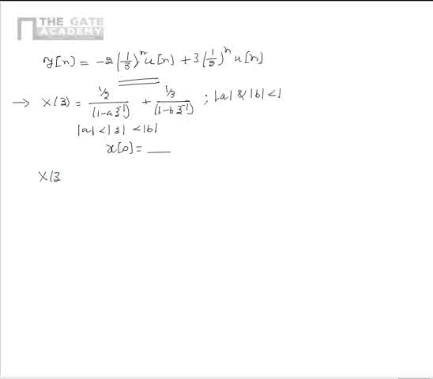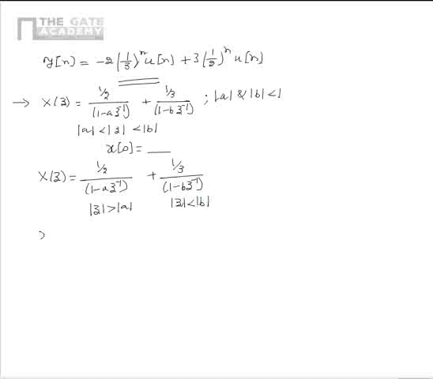From the given X of z, we see that the first term is 1 by 2 divided by 1 minus a z inverse. It corresponds to an ROC of mod z greater than mod a. And the second term is 1 by 3 divided by 1 minus b z inverse. It corresponds to an ROC of mod z less than mod b.